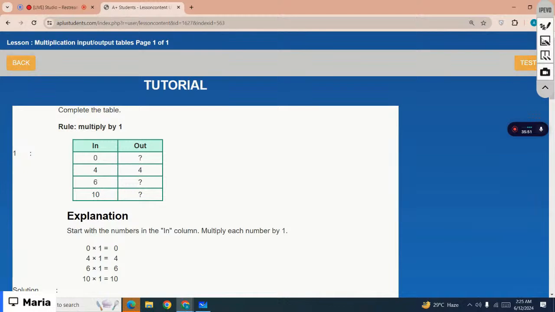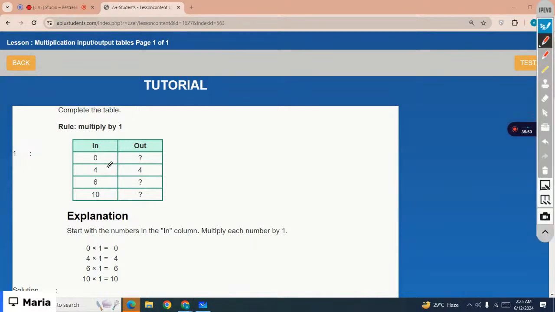So for example, the input values here are 0, 4, 6, and 10. You have to calculate the output value. So just multiply every input value by 1. 0 times 1 is 0. So there you have 0. Then 6 times 1 is 6. So there you have 6. Then 10 times 1 is 10. So here you have 10, right? So the missing numbers are 0, 6, and 10.